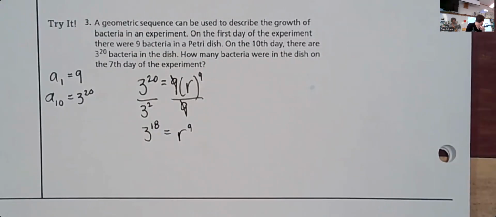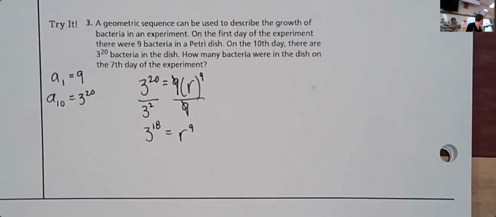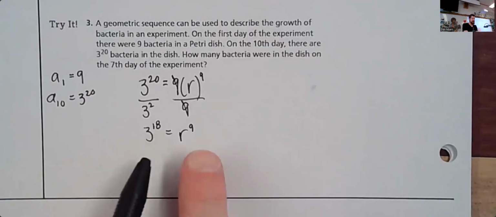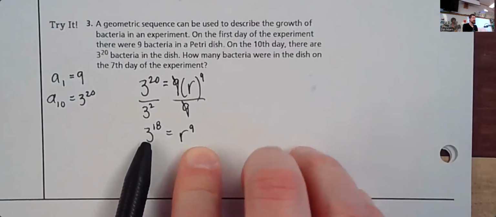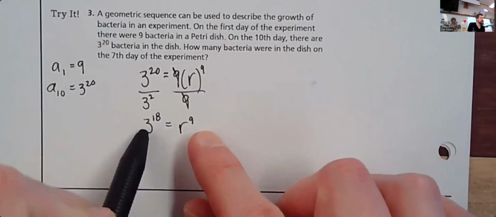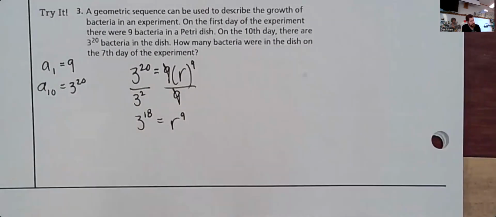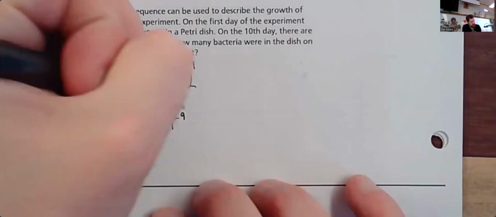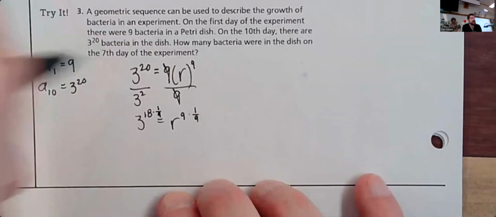Not only that, if we think back to rational exponents, because we have to take the 9th root of each side, right? Which sounds kind of gnarly. But a 9th root, if we think back to rational exponents, would be multiplying each of our exponents by 1/9.